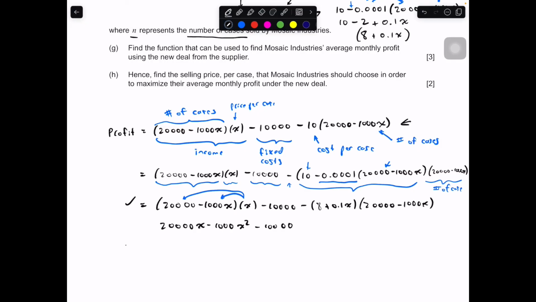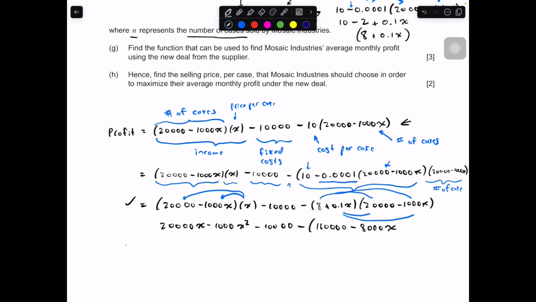And then we have what's called binomials, so we need to multiply this by this and this by this. 8 times 20,000, I'm starting to have second thoughts here. 8 times 20,000 would be 160,000. 8 times negative 1,000 is going to be negative 8,000x.